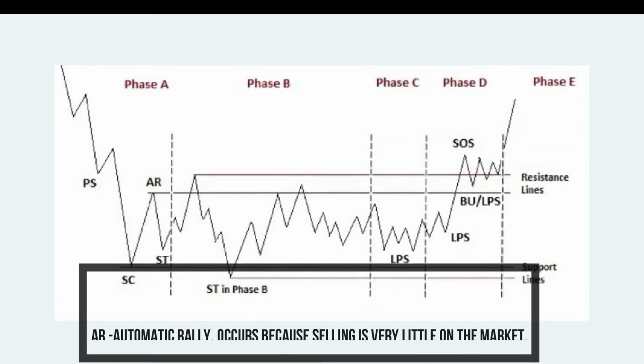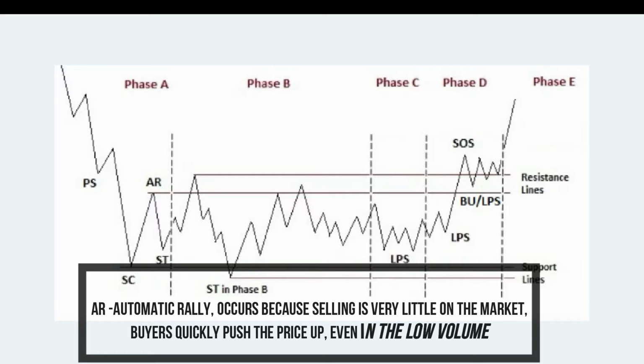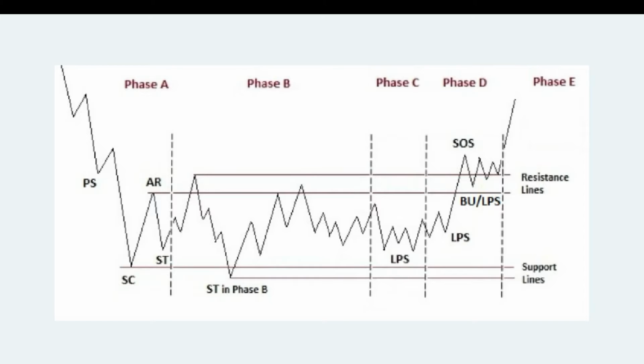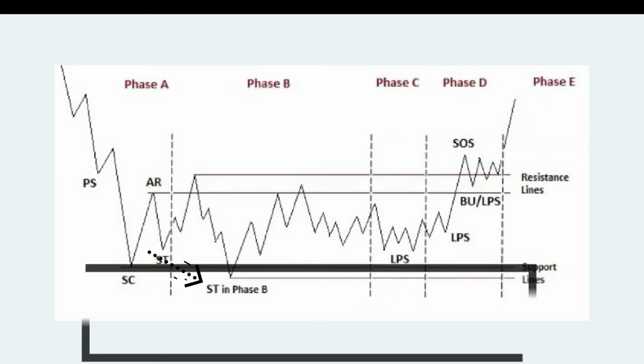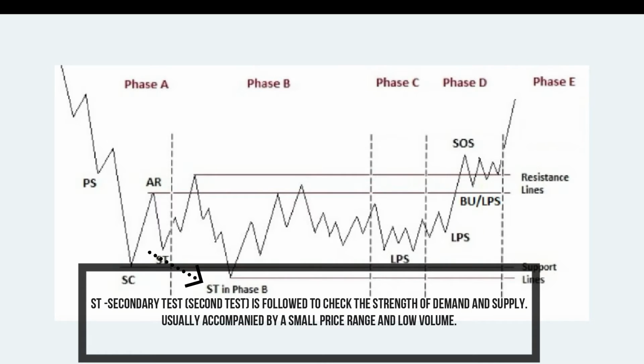It's followed to check the strength of demand and supply, usually accompanied by a small price range and low volume also. There may be several STs, and it can even be lower than the selling climax. And here we're going to the next phase.